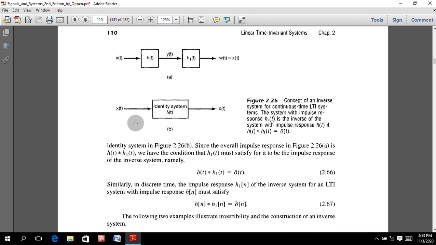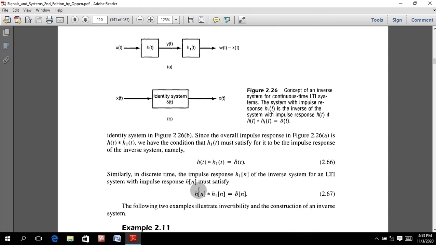Now this system is said to be an invertible system when the convolution of h of n and h1 of n provides us the impulse signal. It will be said that these two systems are invertible to each other.